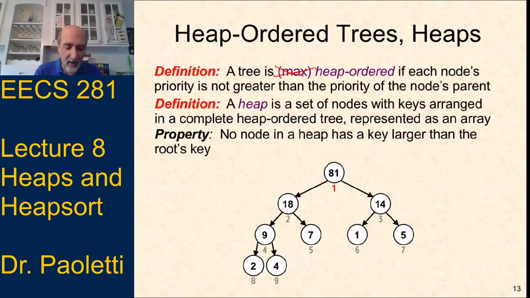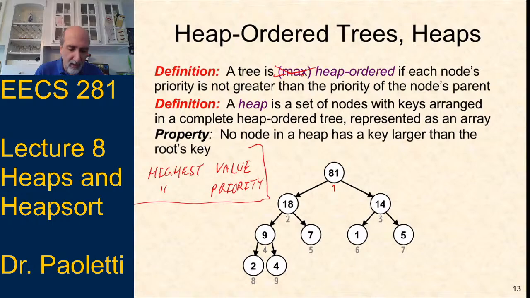Now what if I said highest value is the highest priority? That would be a max heap, and that's what we have represented here. In the heap that we have here, it is a binary tree, it's complete, and the heap ordering property holds at every node.